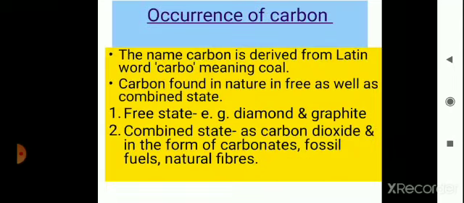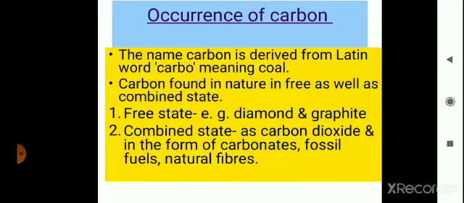Where can we find carbon? The name carbon is derived from the Latin word carbo, meaning coal. Carbon is found in nature in free as well as in combined state.